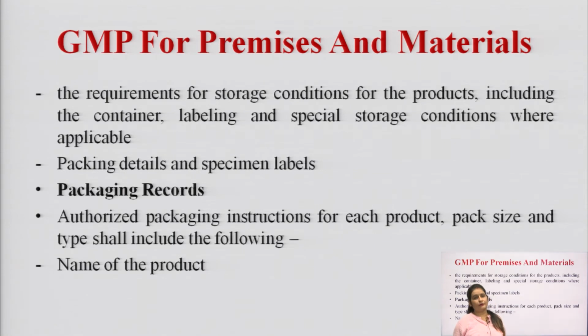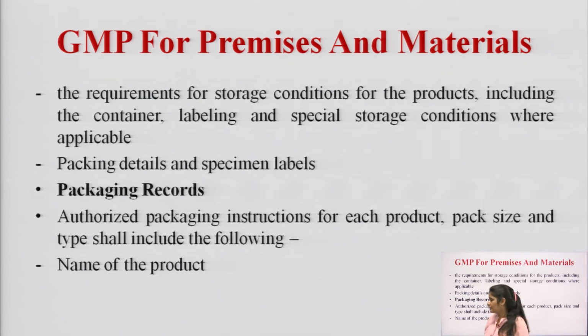The next requirement of good manufacturing practices, Schedule M, is packaging records. Authorized packaging instructions are there according to the Drug and Cosmetic Act. For each product, pack size and type shall be included.